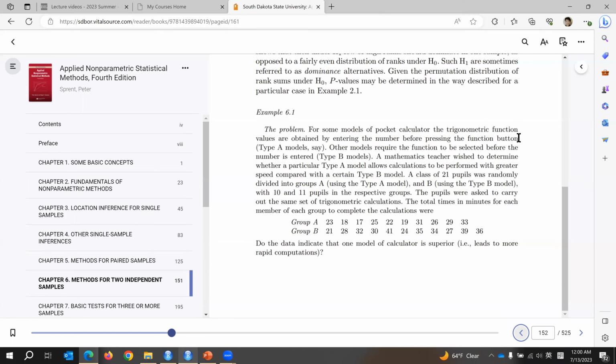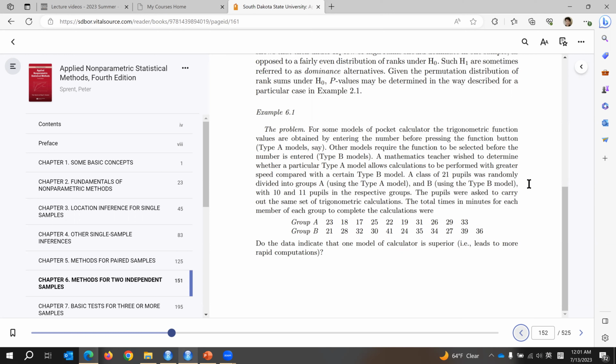Type A model is pressing the number first, the degree first, then pressing the function button, like 30 degrees, then pressing sine. Type B is the opposite, pressing the function first and then pressing the numbers. So a math teacher wants to find out if one model makes students solve trigonometric problems faster than the other model does.